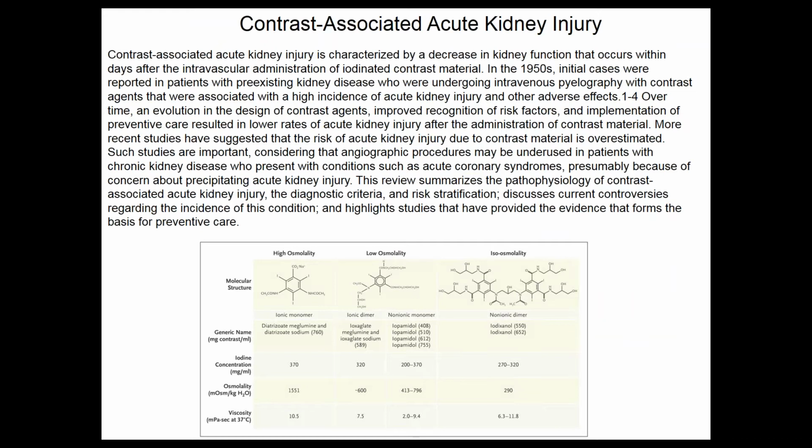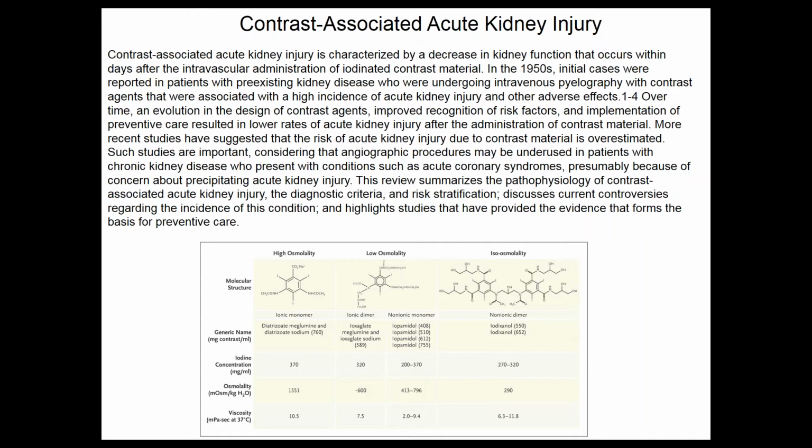Now, the review in the New England Journal concerns contrast-associated acute kidney injury. And this is a condition that was recognized in the 1950s, that patients who received iodinated contrast agents seem to have a propensity to develop acute renal failure.